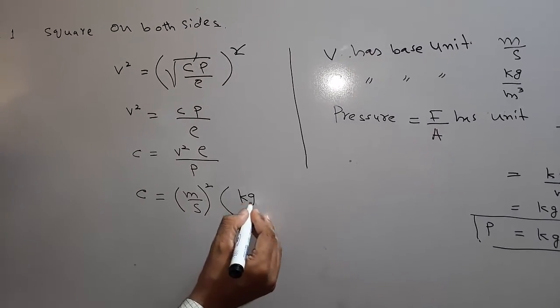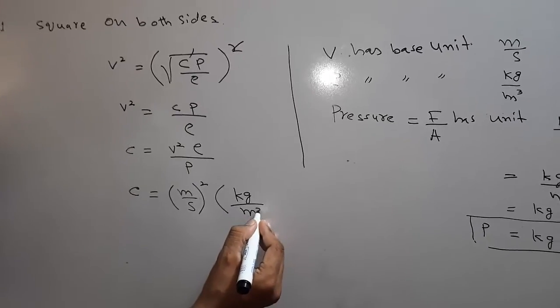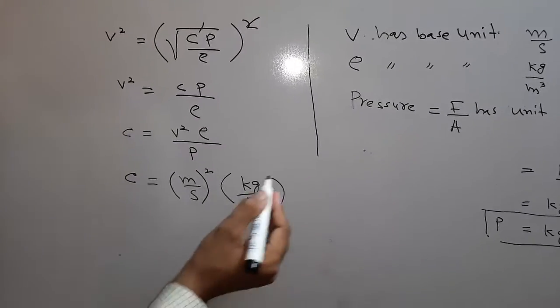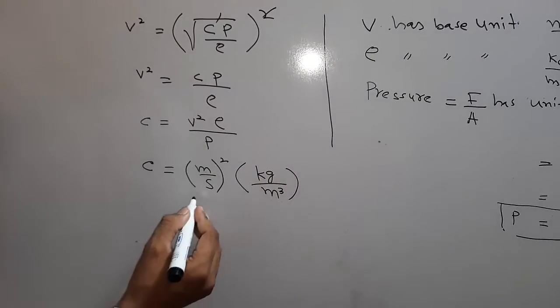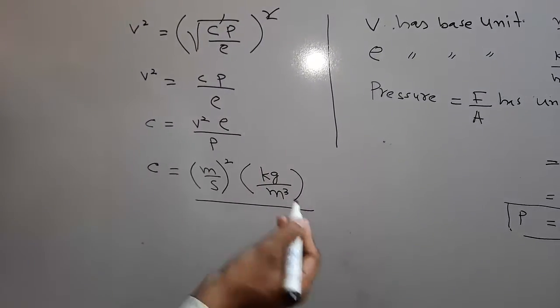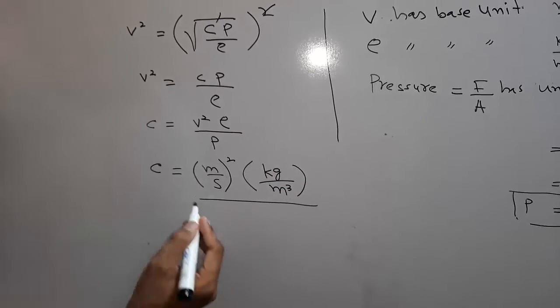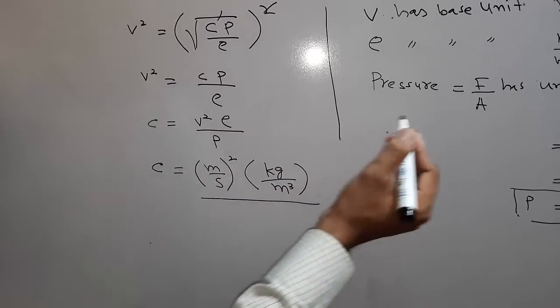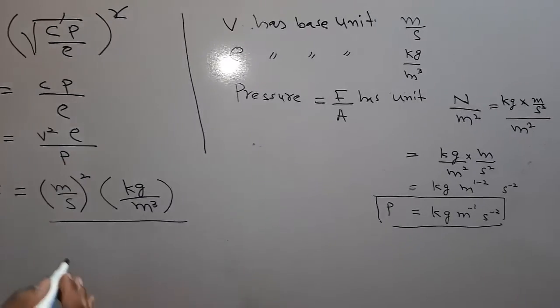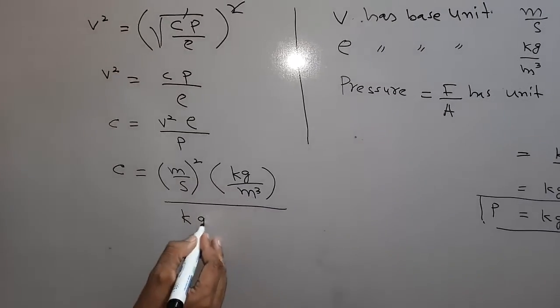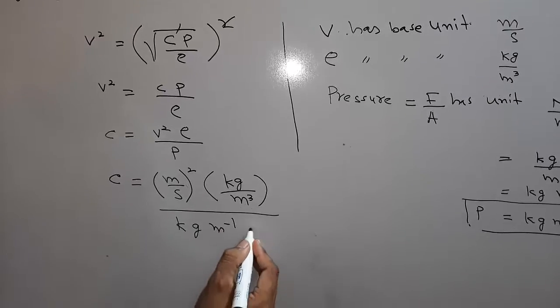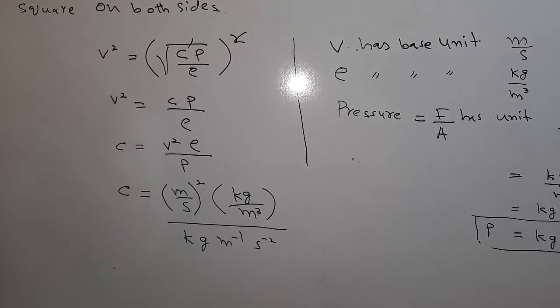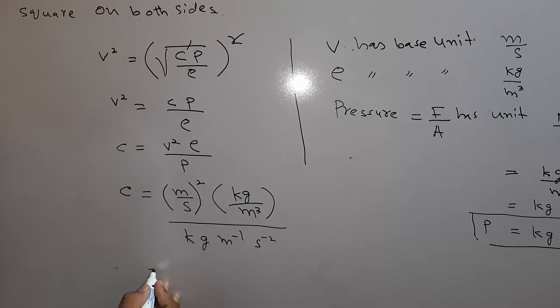Rho has unit kilogram per meter cube, and there is no power on it, so we will write kilogram per meter cube only with the bracket sign. Now P we have calculated on the right side as kilogram per meter per second square.